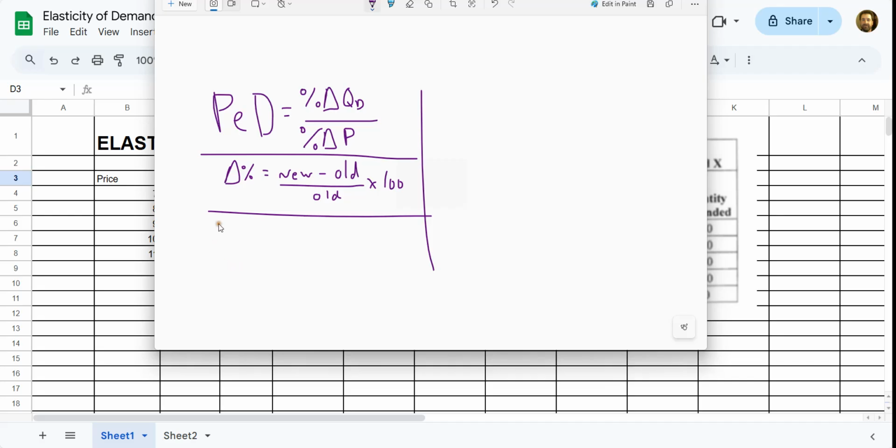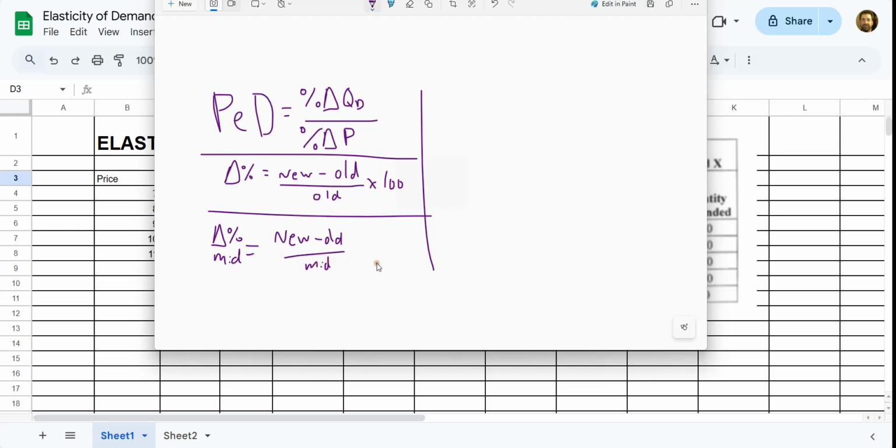There's also something called the midpoint method, where I'm going to use the midpoint between those two prices or the midpoint between those two quantities. If you wanted to use the midpoint method, it'll be the new value minus the old value over the midpoint between the two.